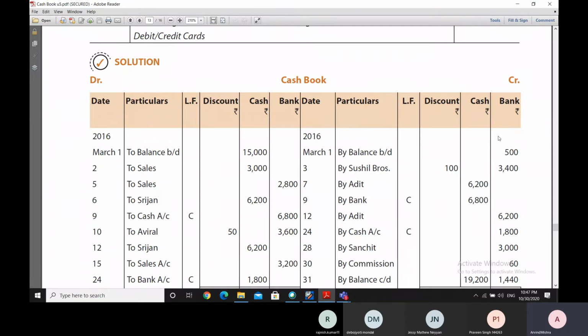So when we are writing it in the bank column, we are showing that in the cash book there is a balance brought down, or the overdraft balance in the bank. So the bank is credited with the overdraft balance here, which is a balance brought down.